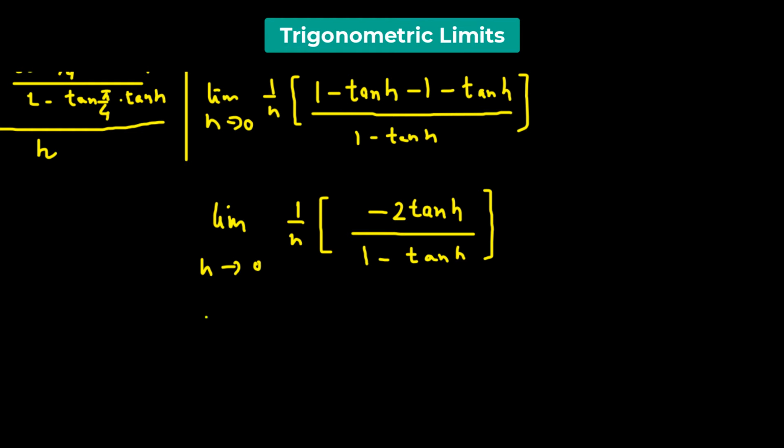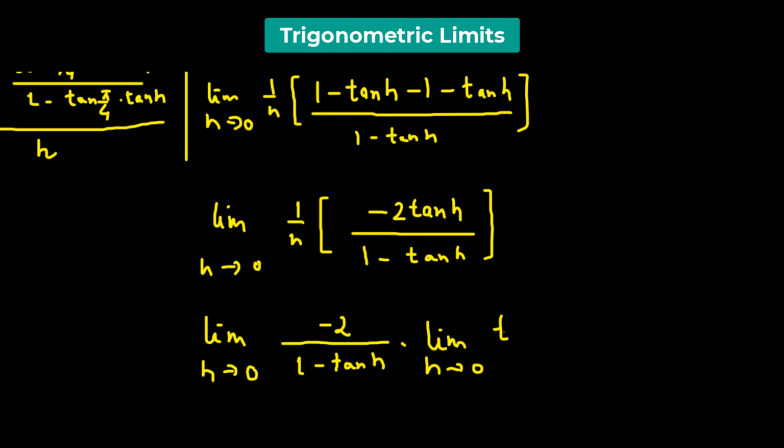So we can rewrite our limit as limit h tends to 0, negative 2 divided by 1 minus tan h, times limit h approaching 0, tan h over h. Now the limiting value of tan h over h is equal to 1, that is the definition.